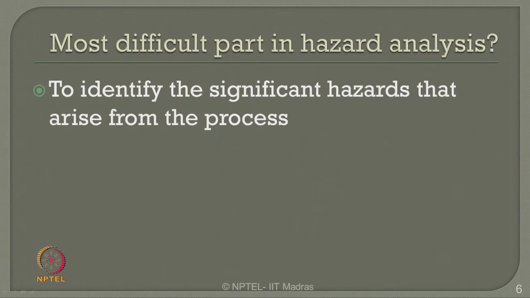Fundamental reasons are, there is a tremendous variation in the operational temperature and pressure at which the process plant works. Therefore, any variation in the pressure, temperature, etc. during the process stage can result in significant hazards, which is very difficult to foresee unless you have experience in such process plants. So, the most difficult part in hazard analysis is to identify the significant hazards that arise from the process.